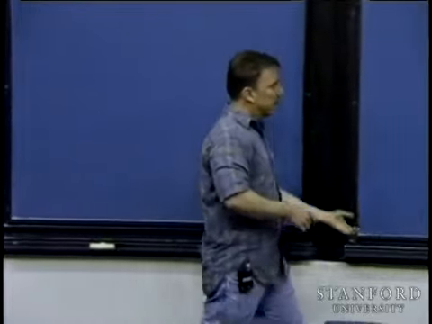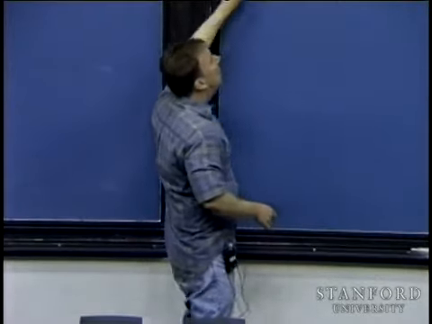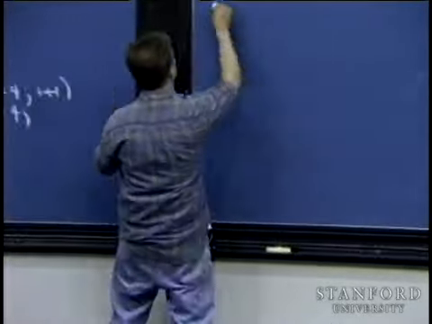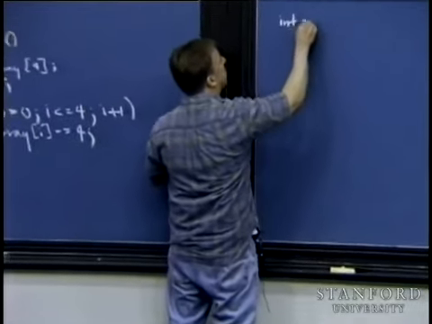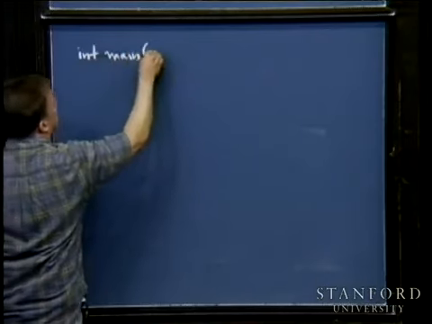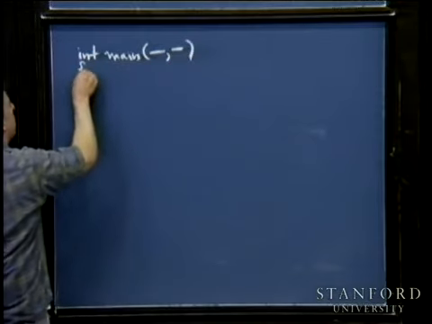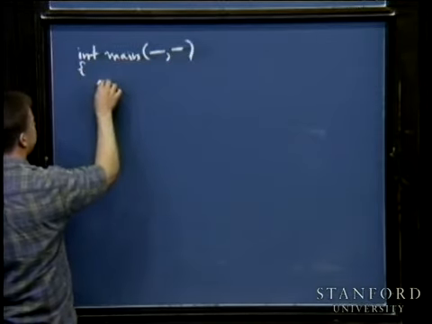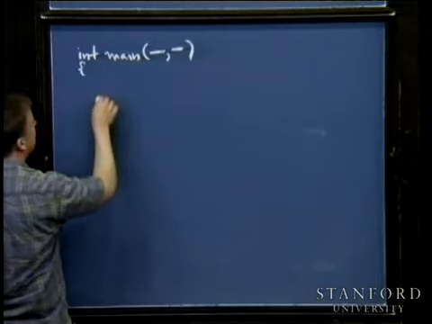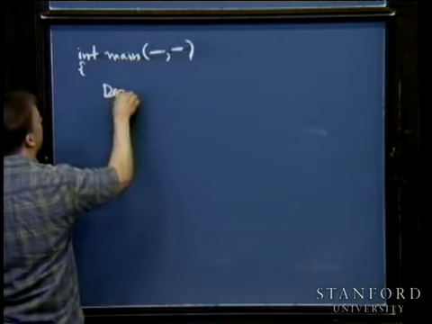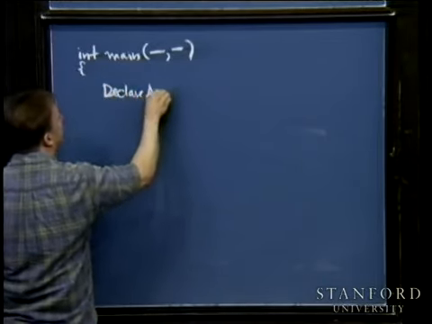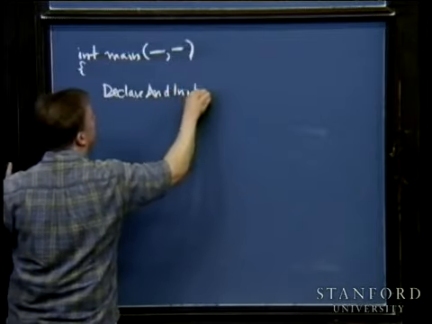This is no infinite recursion in this one. I want to write a simple main program. Int main. I don't care about the parameters. I want to do this. I want to do, let's just say, declare and init array.